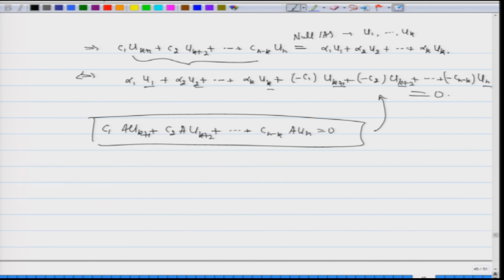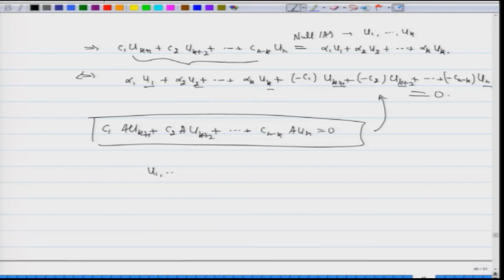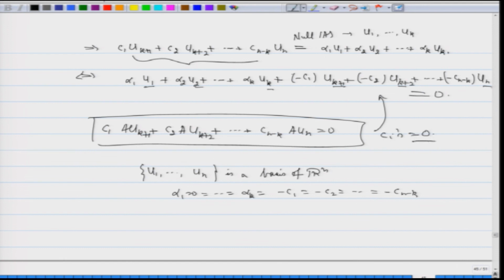Now, what are those vectors? These vectors are nothing but a basis of Rn, all right. So, u1 to un is a basis of Rn, and therefore, this has a unique solution, which is given by alpha 1 is 0 is equal to alpha k is equal to minus C1, minus C2, minus C_{n-k}, and therefore, I get that each of these Ci's has to be 0.